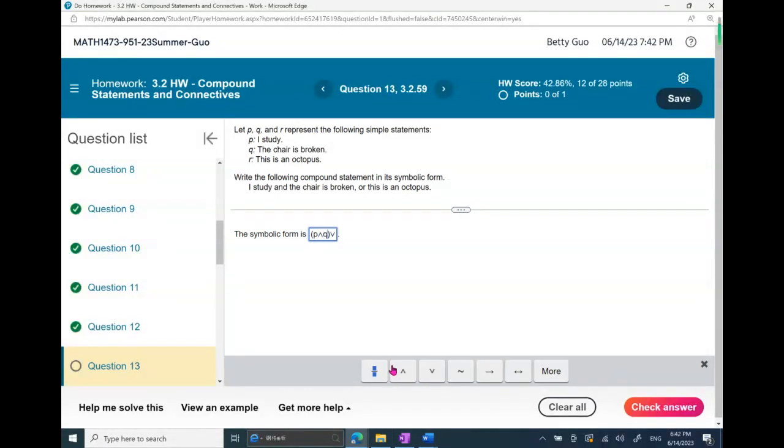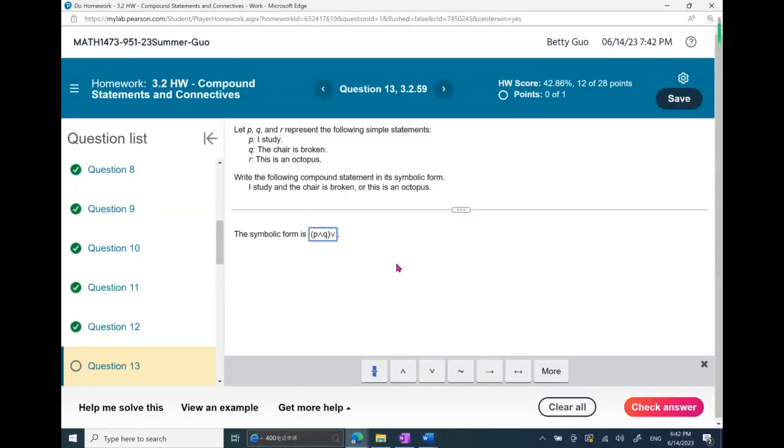Together that is a conjunction, a compound. That conjunction is the first component of this disjunction.